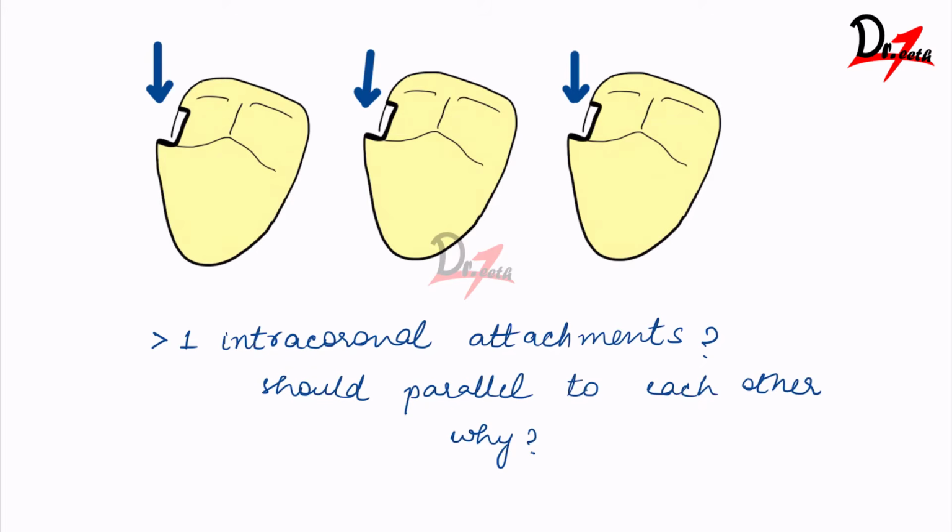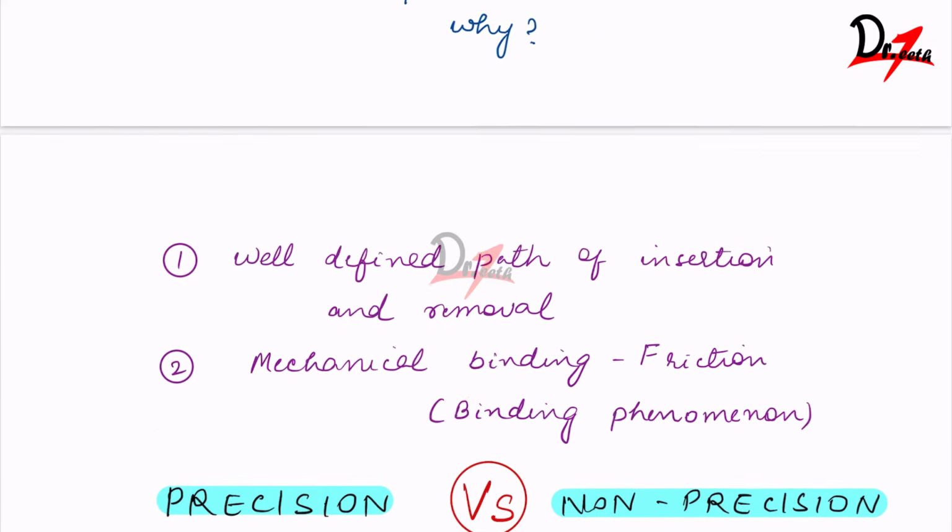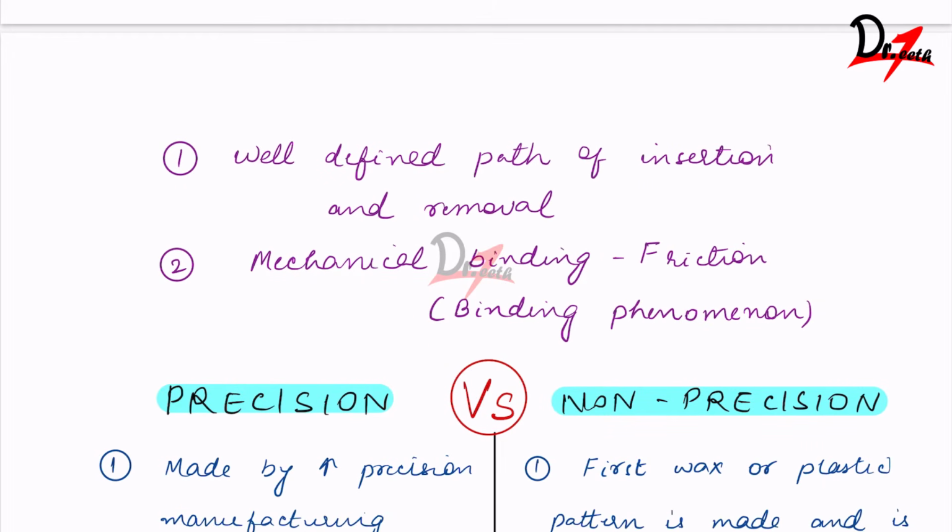So the matrix and the patrix have to be parallel when we have multiple tooth that will have them. So why should they be parallel? Because when we have parallel walls, we will have a well-defined path of insertion and removal, okay. And also such parallel walls will help in mechanical binding, because of friction. And that is called the binding phenomena, okay. So I'm just going to highlight this.